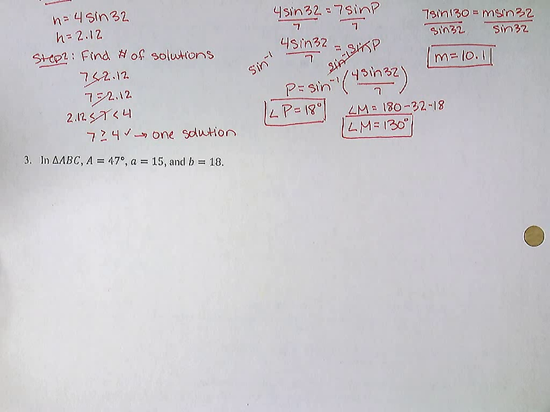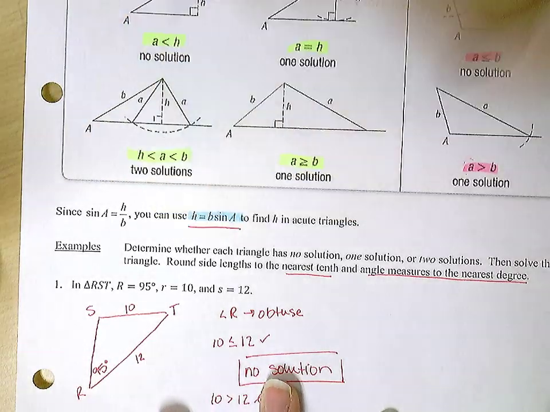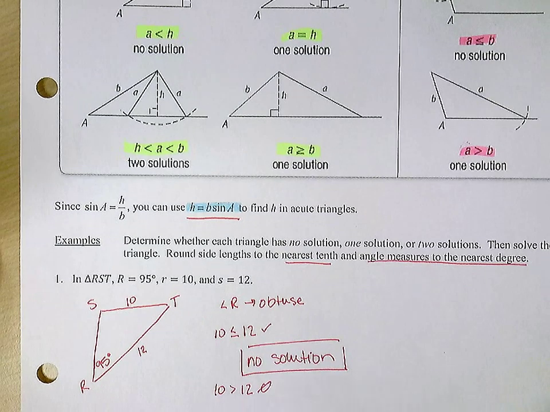We can highlight it if you want. This is your formula to find height. So I highlighted blue there. You're finding h.